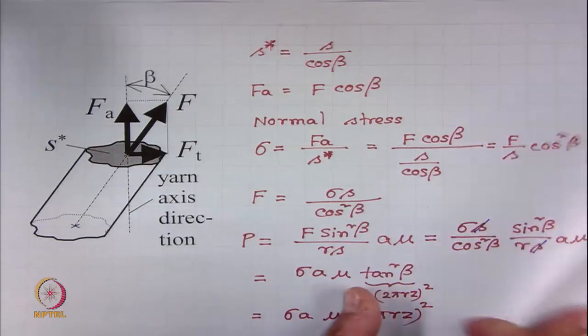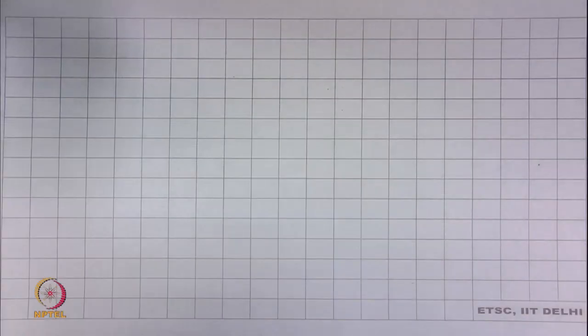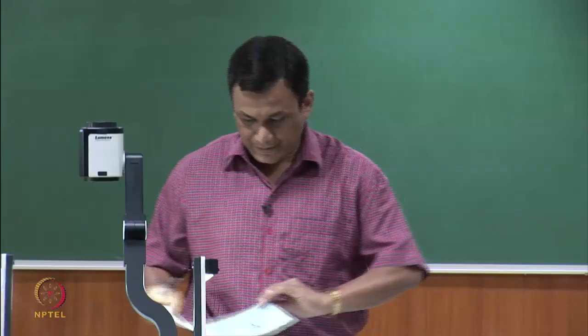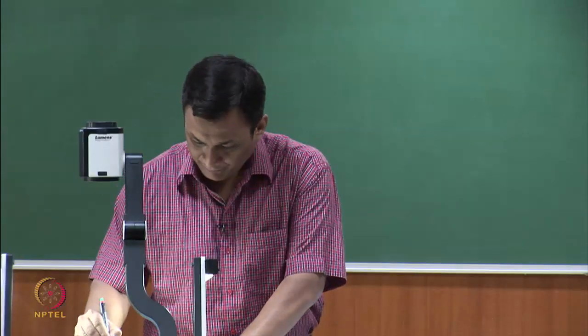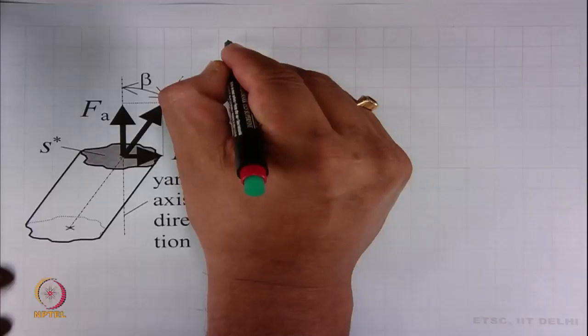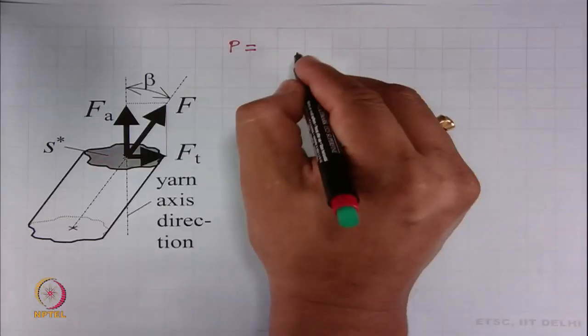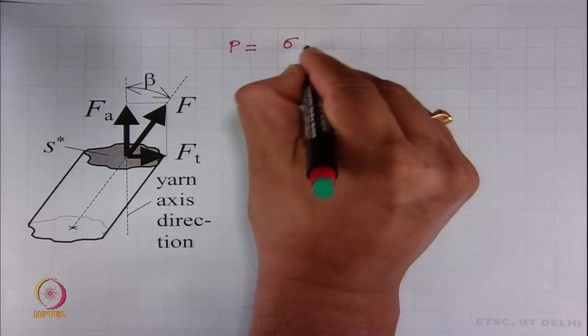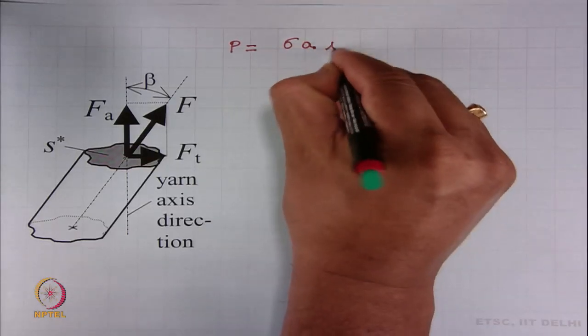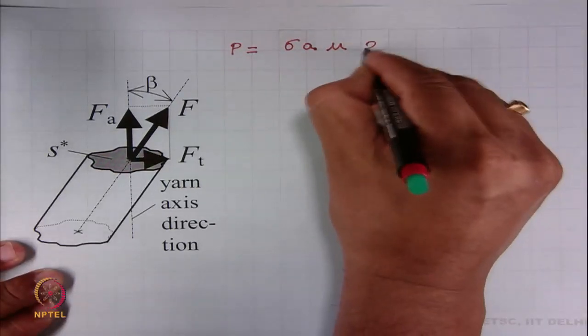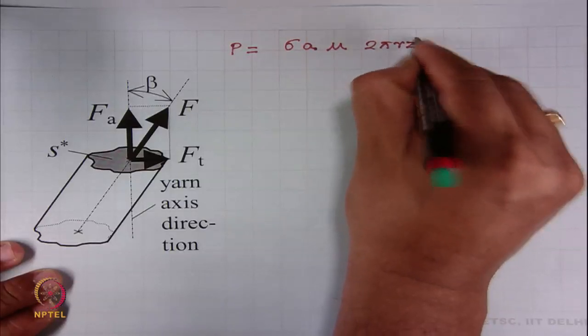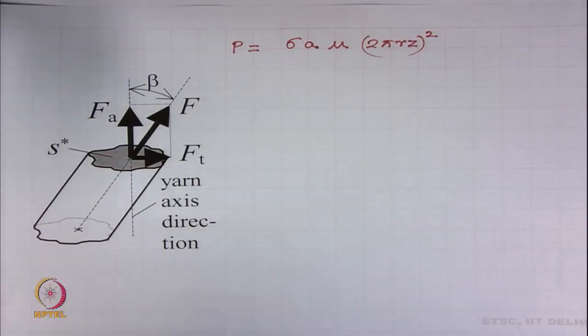Now, we have to work on this expression. P is sigma a mu 2 pi r z square.